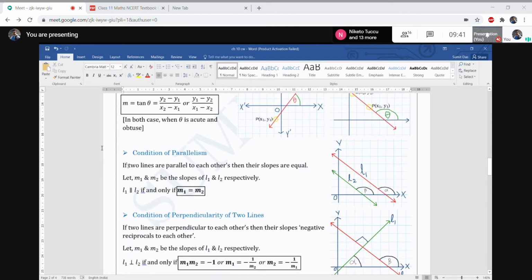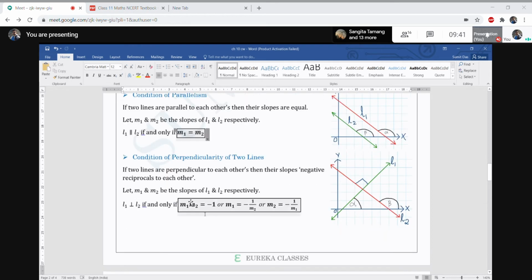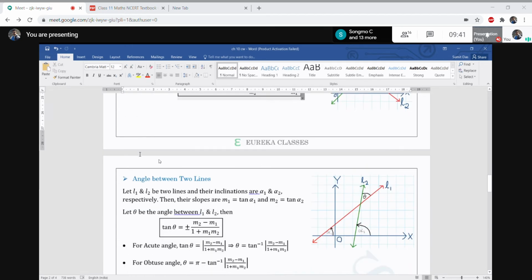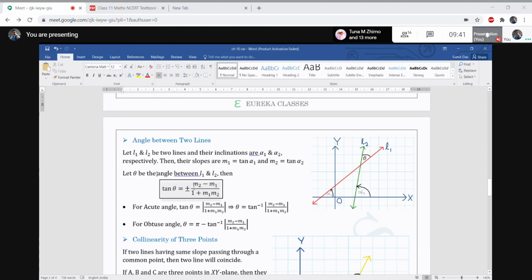Then the parallelism condition is that their slopes will be equal. For perpendicular, their slopes will be negative reciprocals of each other, that means m1 into m2 will be minus 1. Then the angle between two lines formula is tan theta equals plus or minus (m2 minus m1) divided by (1 plus m1 m2).